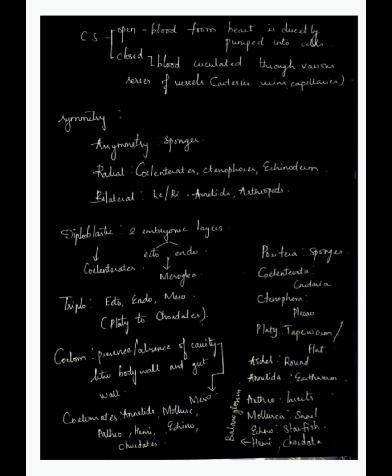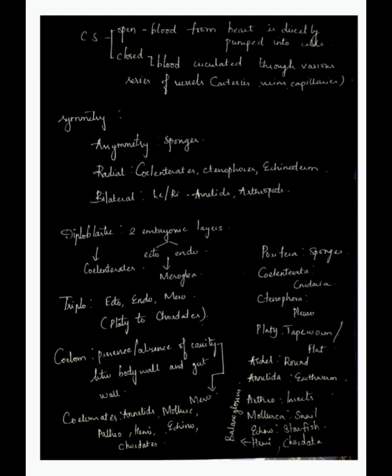The next thing we are going to discuss is the circulatory system. In the circulatory system we have open circulatory system and closed circulatory system. Open circulatory system is where blood from the heart is directly pumped into cells and tissues. It doesn't have veins, capillaries, and arteries like ours. Then we have closed circulatory system, and you could have already guessed what it is.